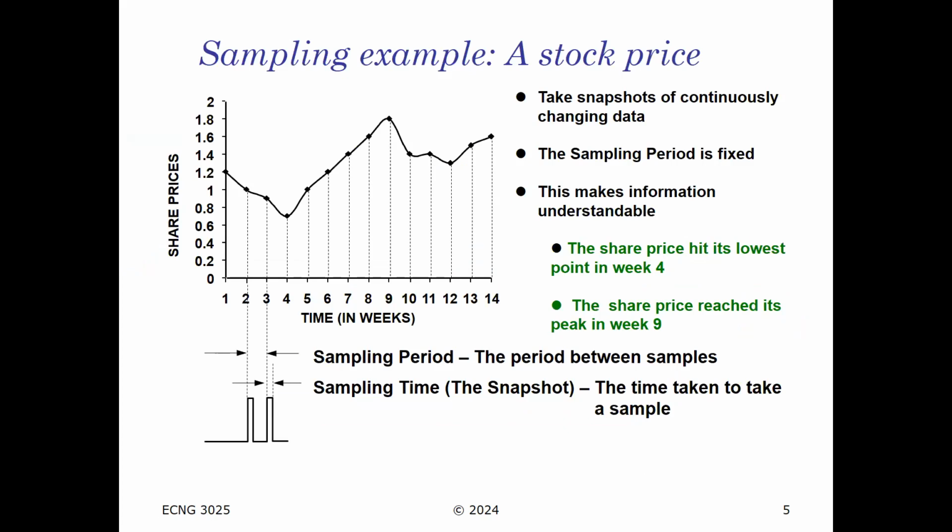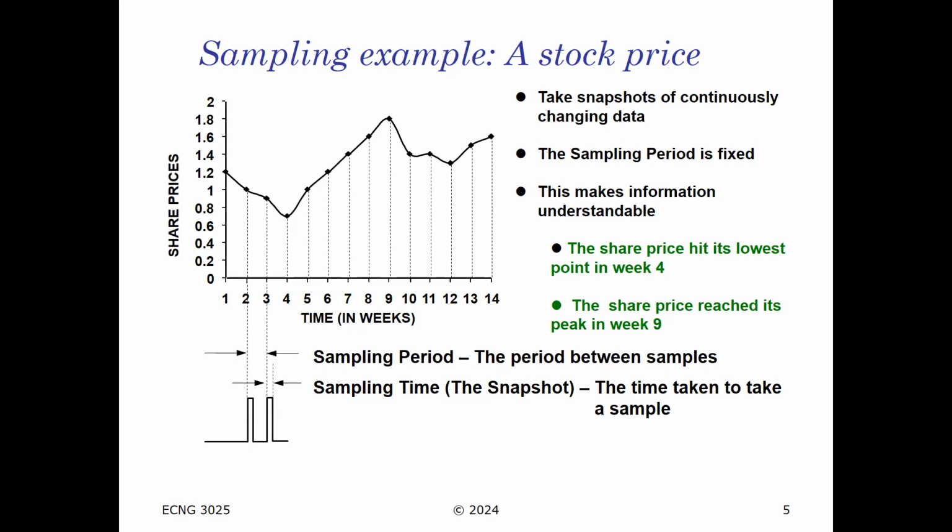Now, that could work or it couldn't work. For instance, there's an image of a stock market, the stock price of some share, and I'm looking at it every week. At week 3 it has some value, at week 4 it has some value, and so on.